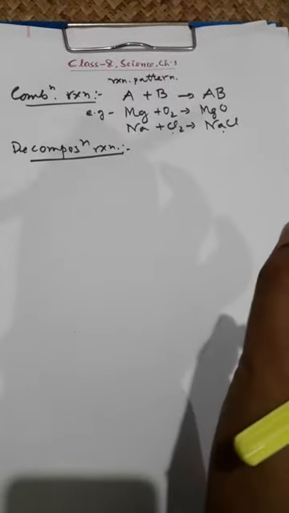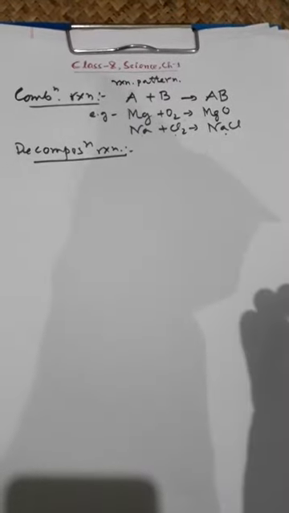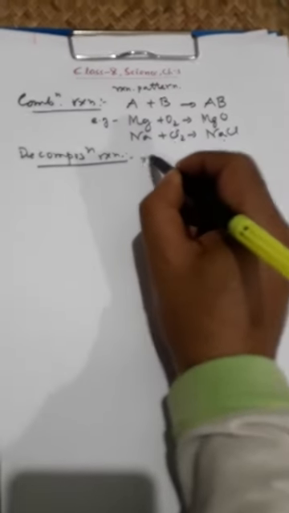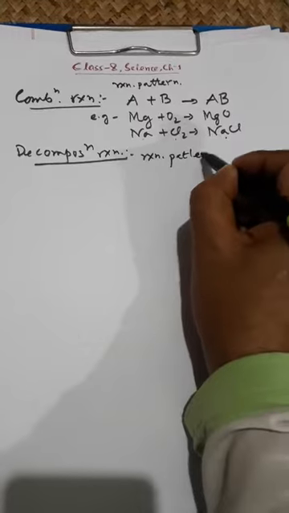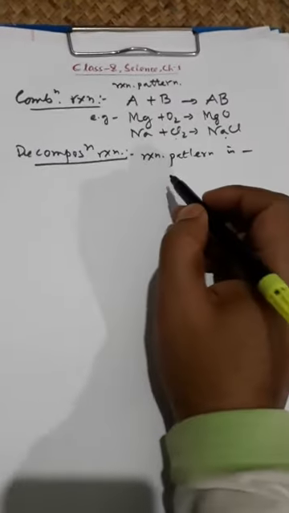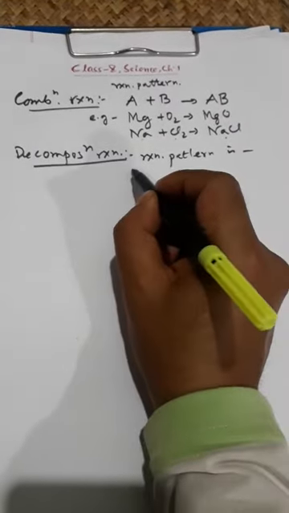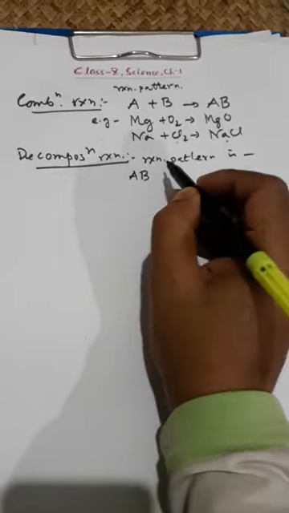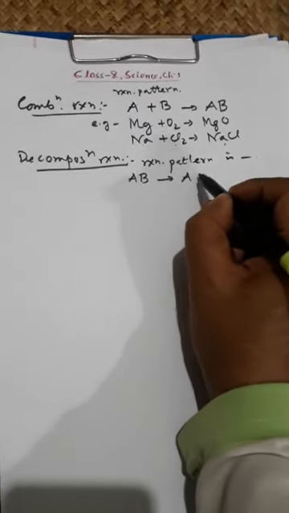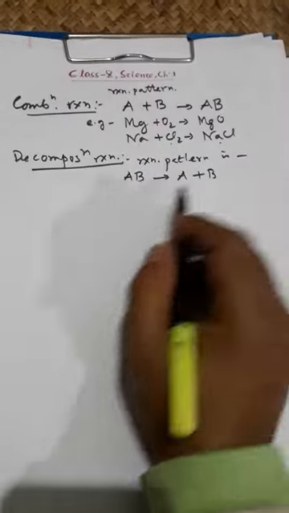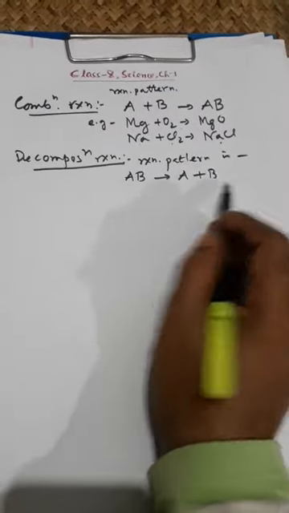That means one compound breaks to give two or more compounds. Here the reaction pattern is like this. Say AB is a compound. When it decomposes, it gives A plus B. A single reactant gives two or more products.